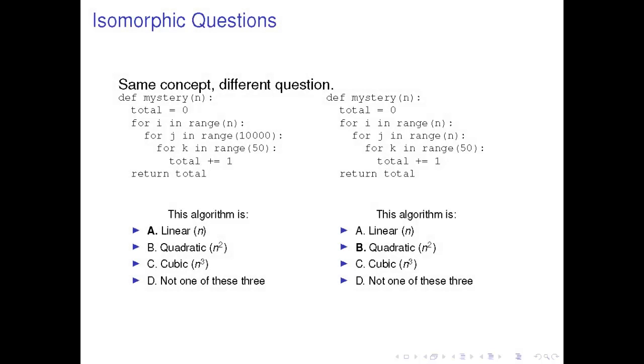So in my next research study I use something called isomorphic questions. These are questions that target the same concept but are different questions. The reason I need them, and you'll see it in a couple of slides, is that I'm going to ask one of these questions, let students discuss, and then ask the second of these questions.